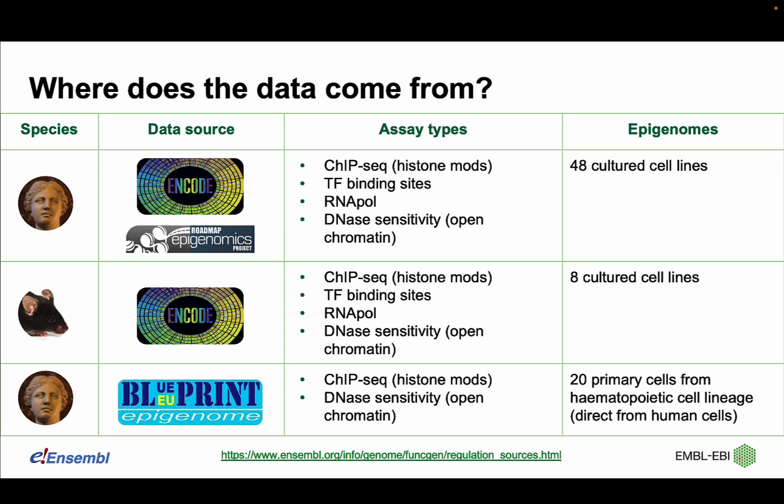Another source is the Roadmap Epigenomics project, which looked at gene expression in cultured primary cells, and the Blueprint Epigenome project, which generated ChIP-seq and DNA sensitivity data of 20 primary hematopoietic cells.